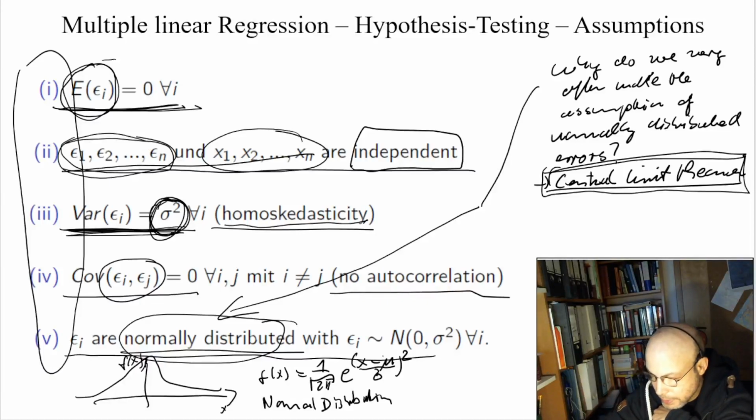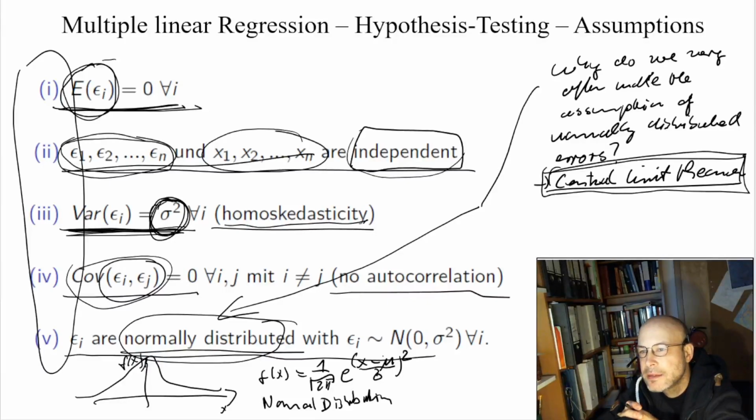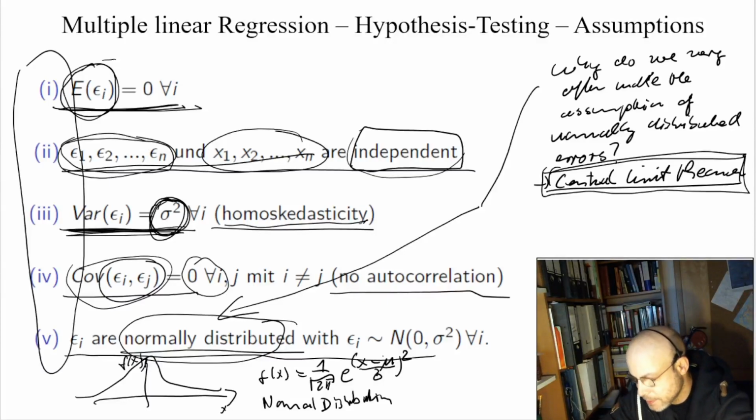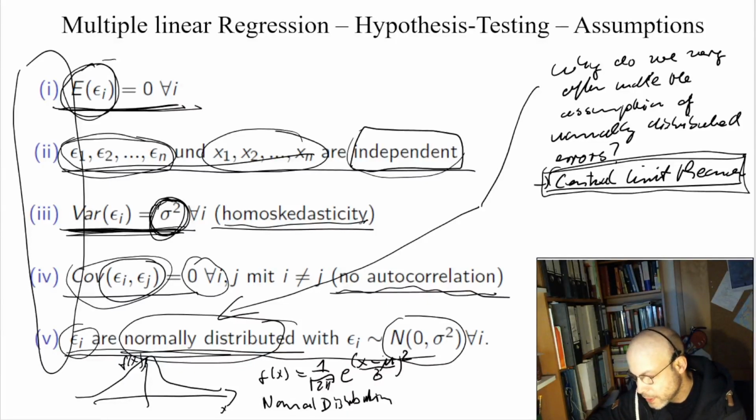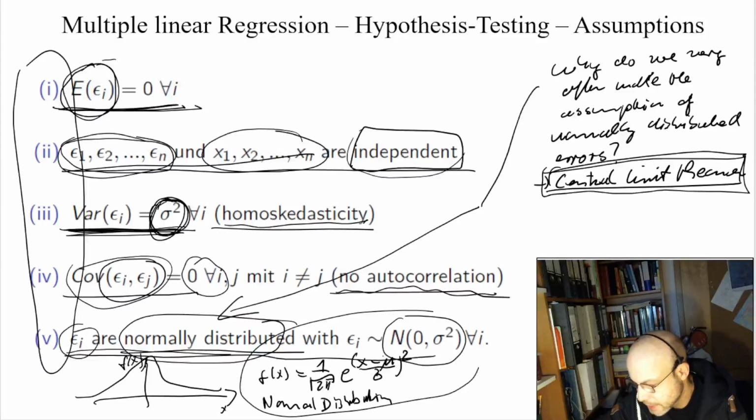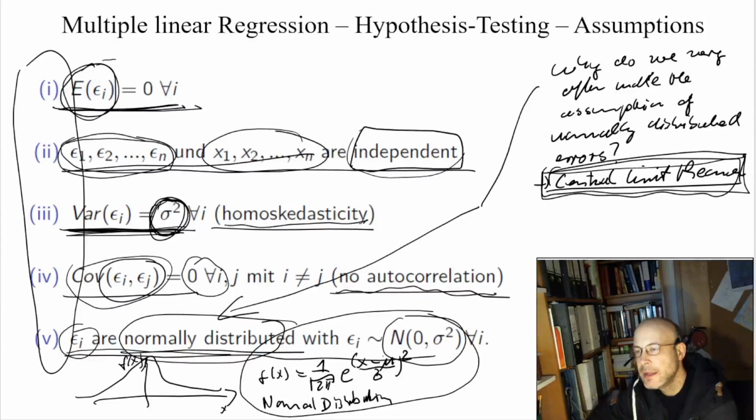And also independence means that the covariances of these error terms has to be 0 for all single pairs. This means we have no autocorrelation. And in the end, we make the assumption that these error terms are normally distributed around the origin. And this assumption that this can be made, the argumentation comes from the central limit theorem.